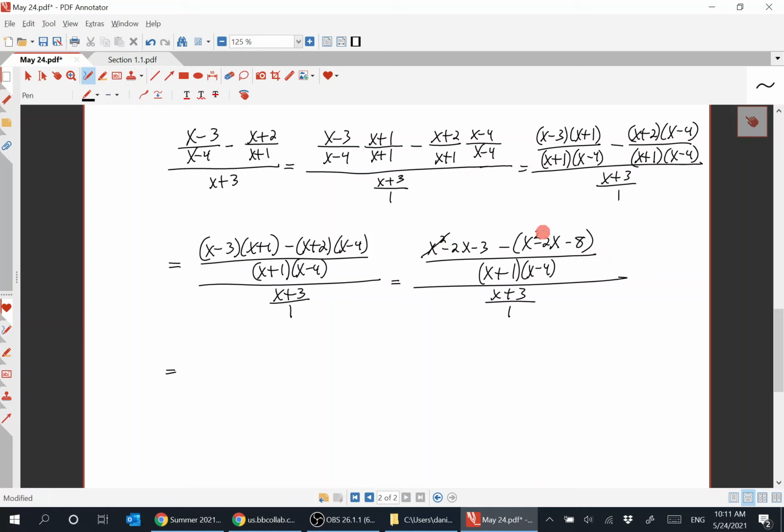So this and this cancel additively, and this and this cancel additively. And here we have minus 3 minus 8, so it's minus 3 plus 8. So it just becomes 5 over x plus 1, x minus 4, over x plus 3 over 1. Now I'm going to take this fraction on the top and multiply it by the reciprocal on the bottom. No common factors.